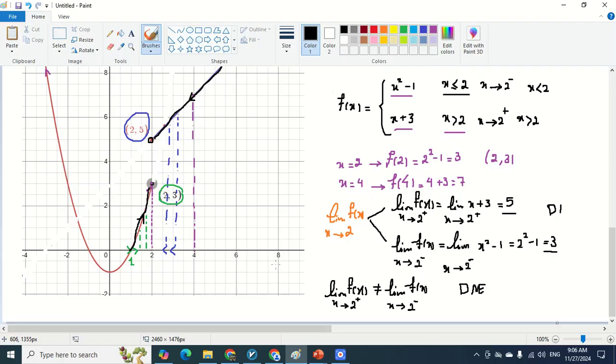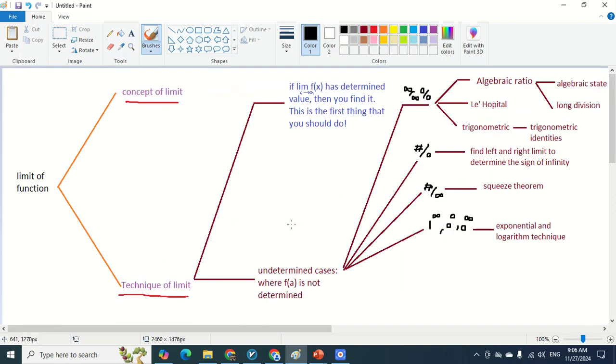But we need to calculate the limit of some function by using some techniques, and for that reason we have the following diagram.